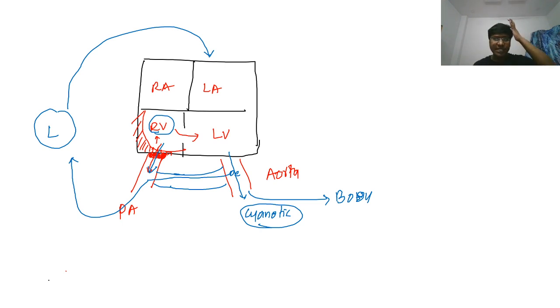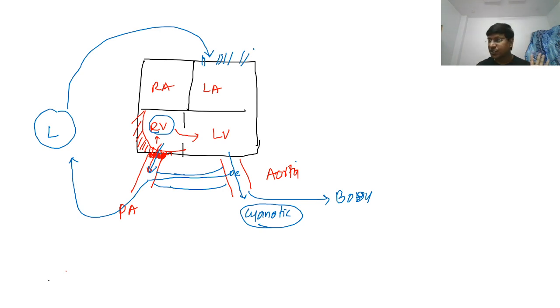Now many of you were asking, can aorta go to the pulmonary vein, what is the advantage of that? Pulmonary veins are those which will open into the left atrium, right? So if you are connecting aorta and pulmonary vein, what is the use? No use, right? During fetal life, the ductus arteriosus will help for shunting the blood, but after the birth of the baby, the ductus arteriosus will close.